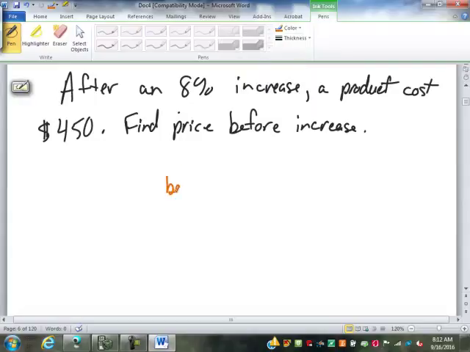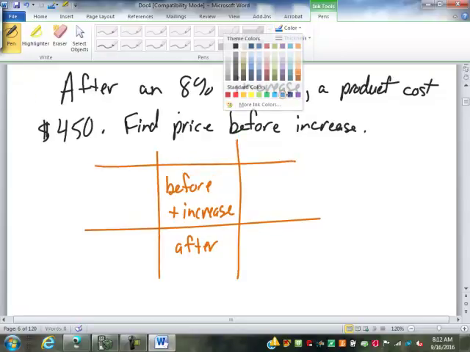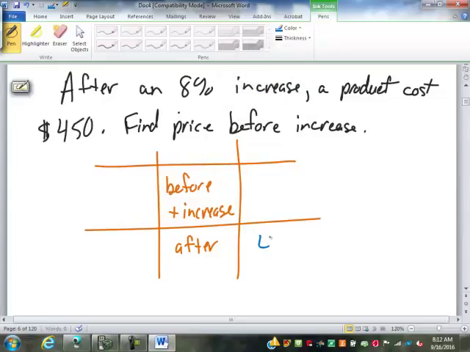So here we have the before plus the increase equals the after. Like I said before, the words you use don't matter as long as you know what they represent. So the 450 is the price after. 8% is our increase. 100% would be the before, so the after price is 108.